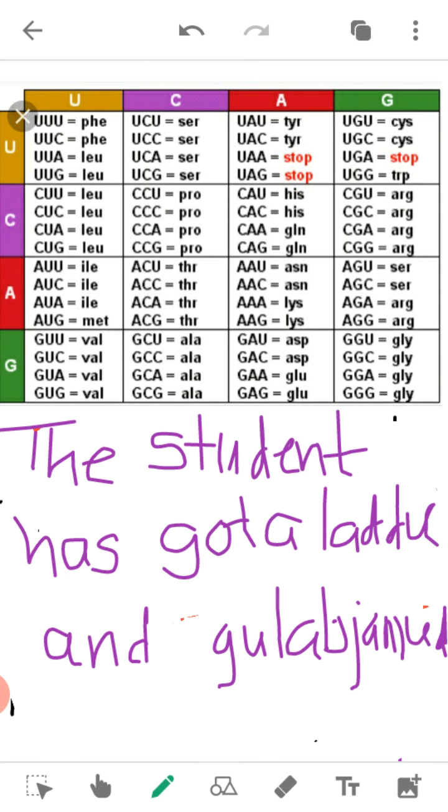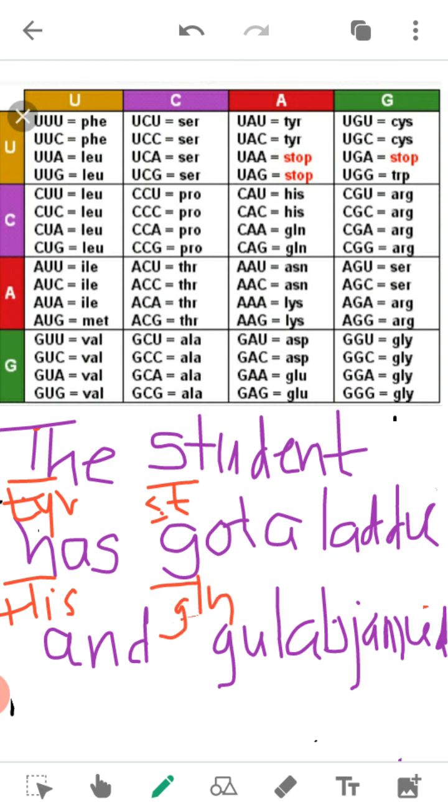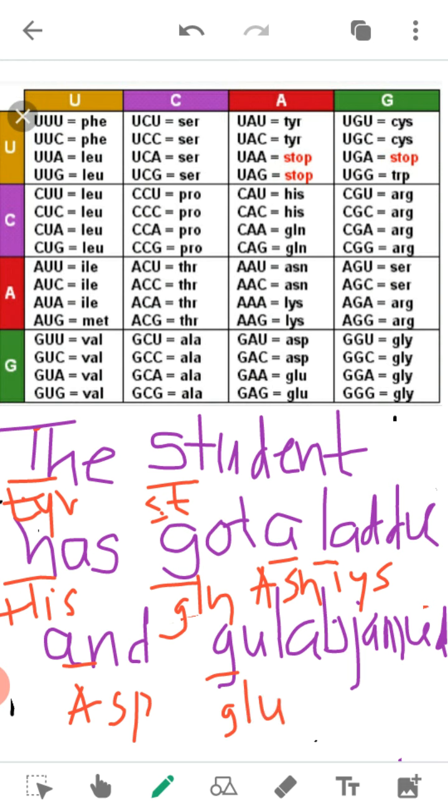See here, T is for tyrosine, S is for stop codon, H is for histidine, G is for glutamine, A is for asparagine, L is for lysine, A is for aspartic acid, G is for glutamic acid.